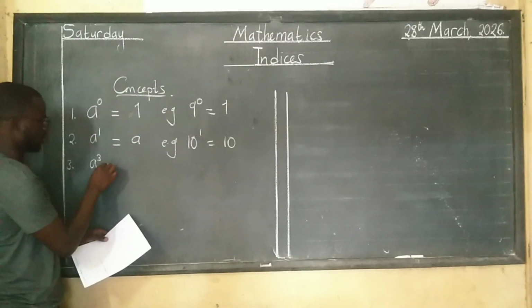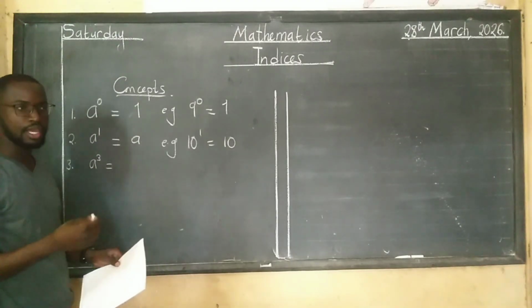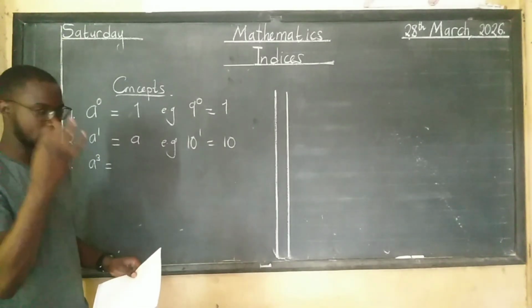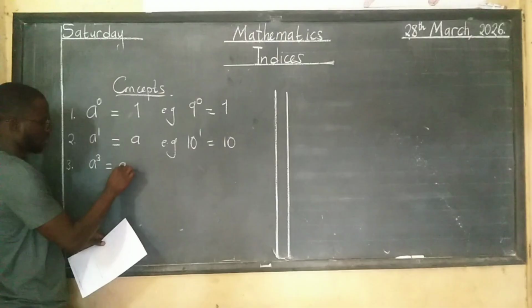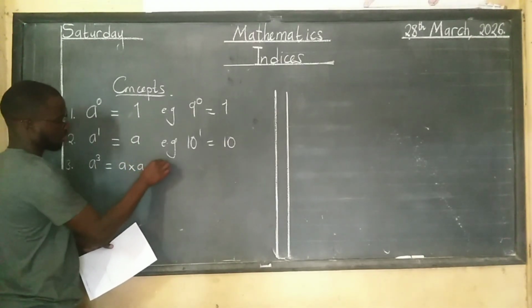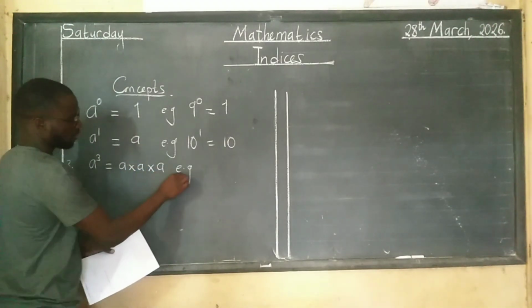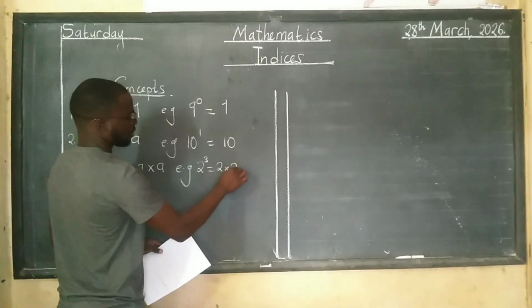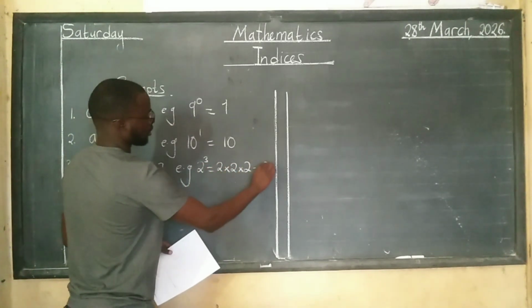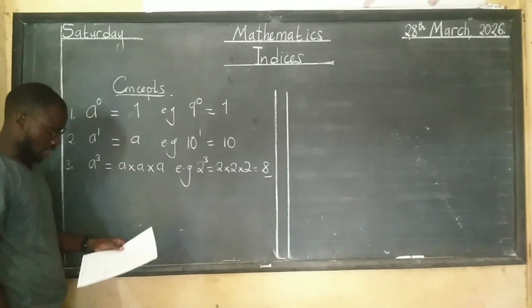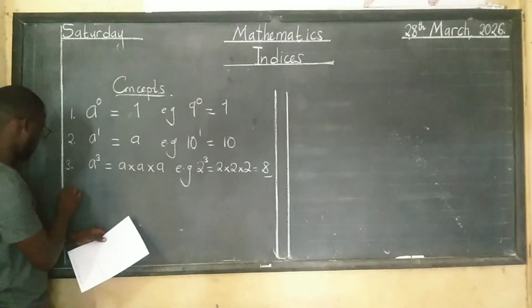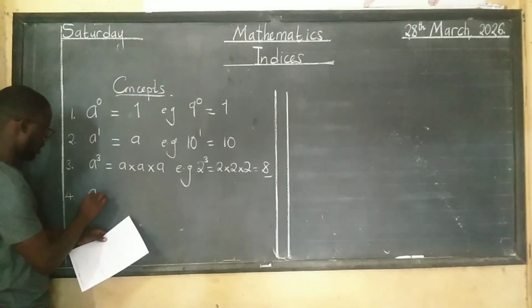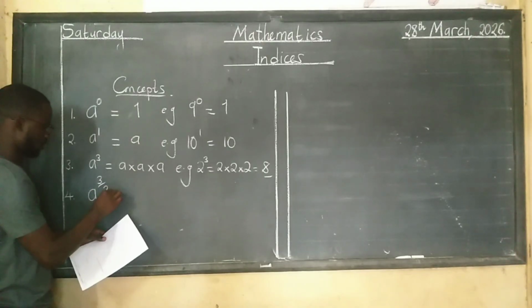Then if you have a to the power 3, this means we are multiplying a by itself 3 times, like this, a by a by a. Example, if I have 2 to the power 3, this means 2 by 2 by 2, which is 8. Then, number 4, a to the power 3 over 2.